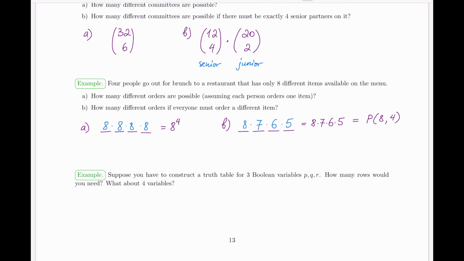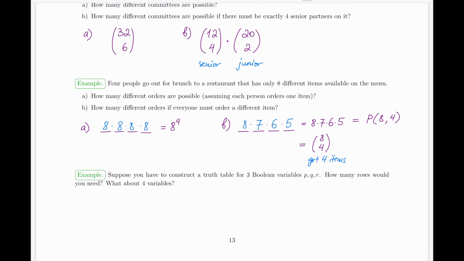The other way to calculate this will be, look, there are 4 people and 8 items. They all must order different things. So I can choose the 4 items that they will order, so they will get 4 items to the table. Now, it doesn't say that they're going to share.